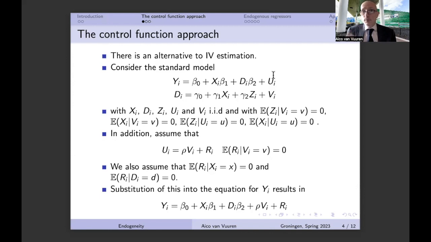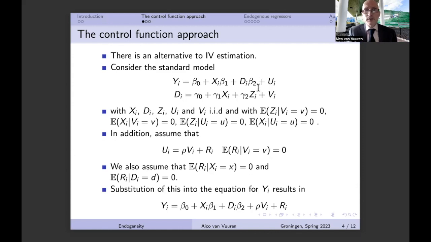That means it's impossible to estimate this equation with ordinary least squares, which gives you biased and inconsistent estimators. So what we then typically do is use IV instead of ordinary least squares in order to estimate this equation.